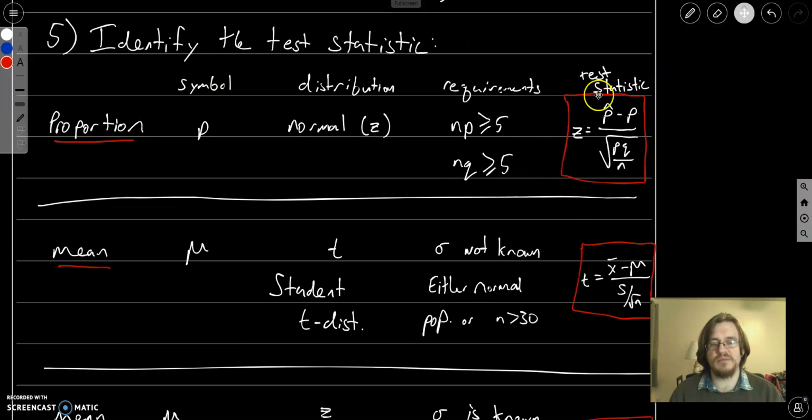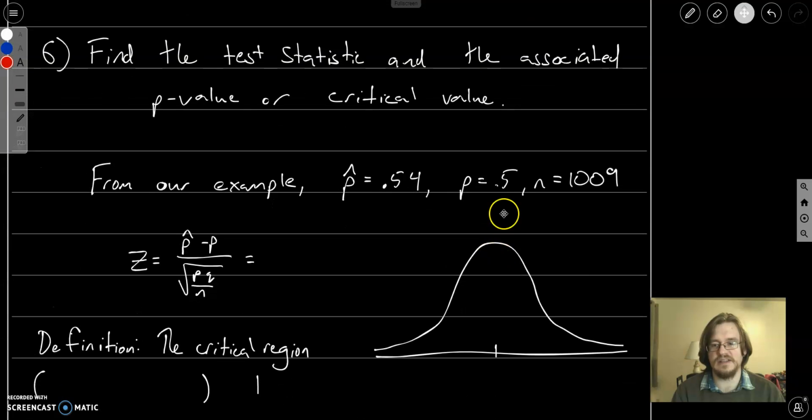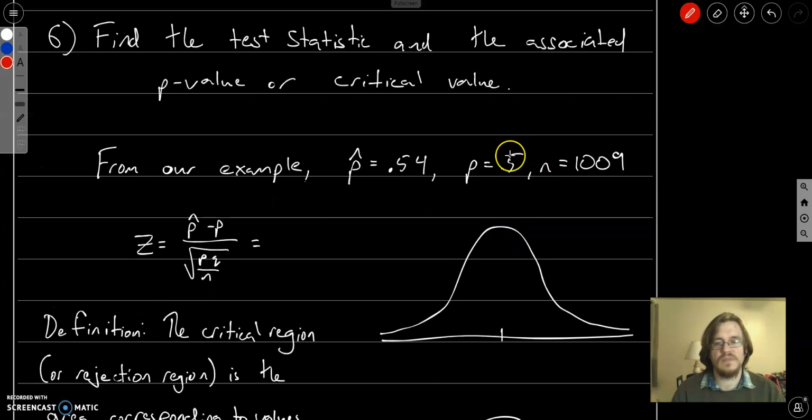For our example that we've been looking at in the last video, this is a proportion, so we will use the test statistic for z.